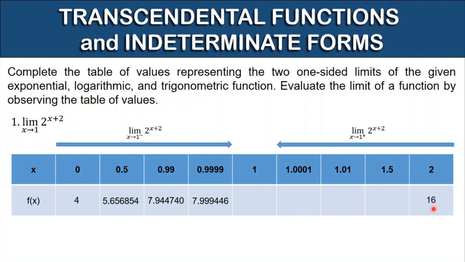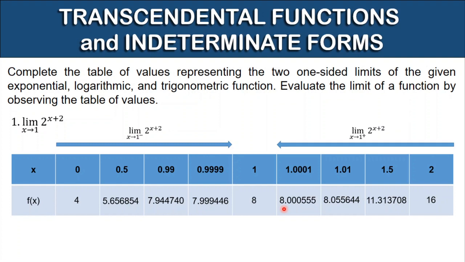The value is 16. If 1.5, this is the value. If 1.01, this is the value of our function. If 1.0001, the value of the function is this. And as you can see, from the left and from the right side, they are approaching a specific number, and that is 8.